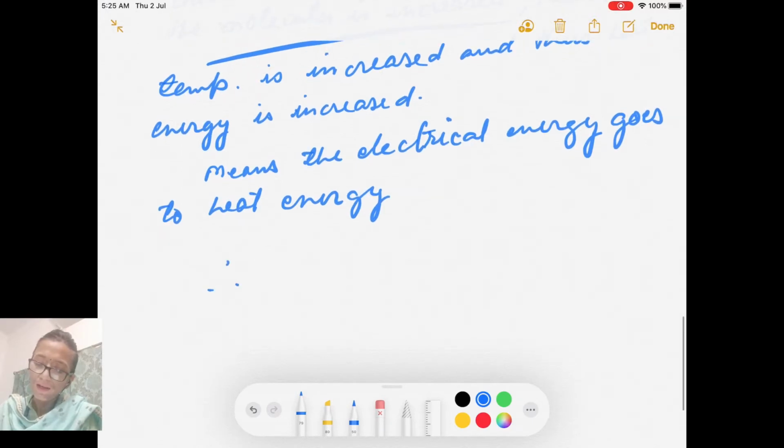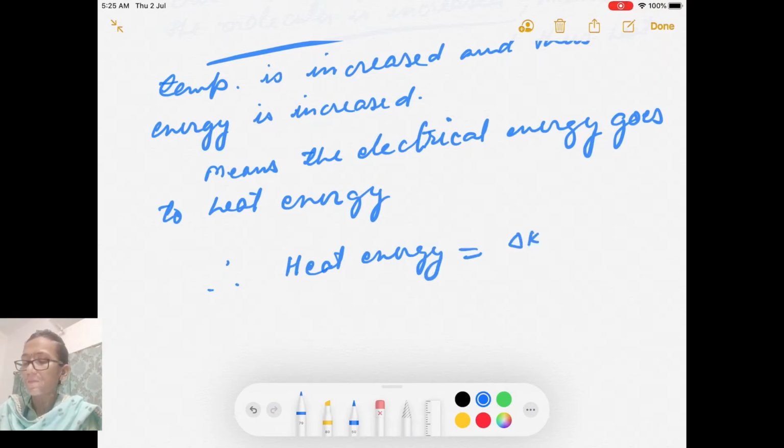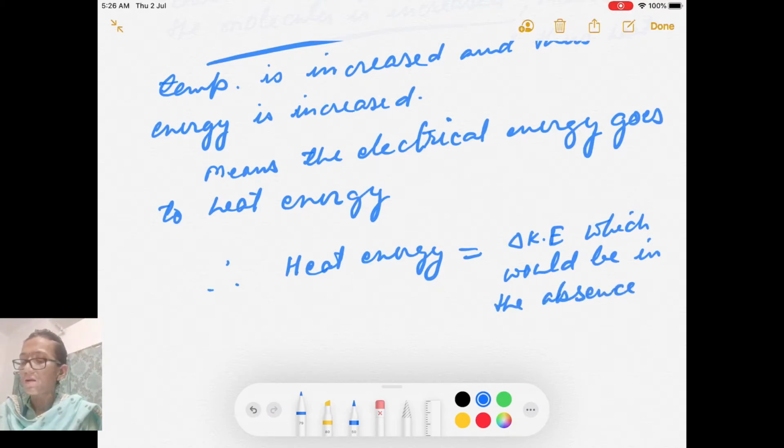Therefore, heat energy must be equal to the change in kinetic energy, which would be in the absence of any hindrance.